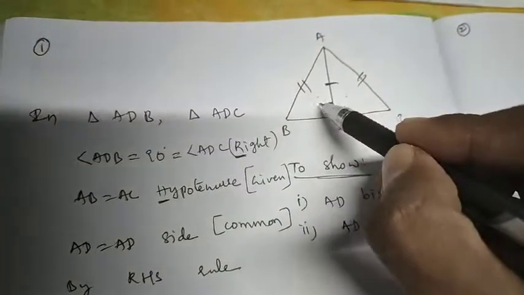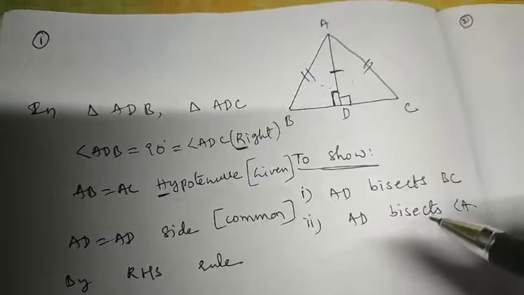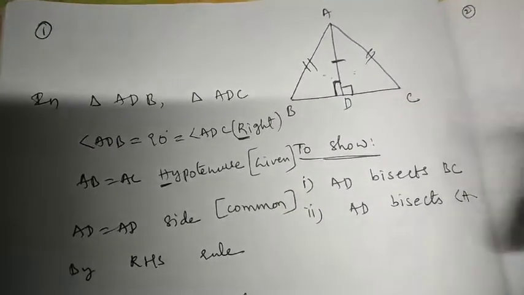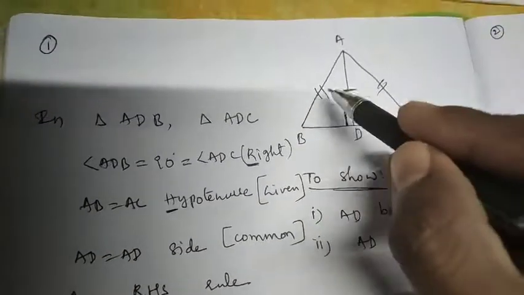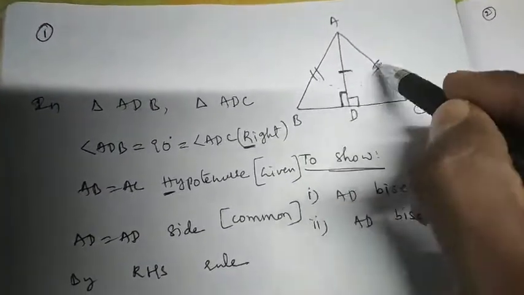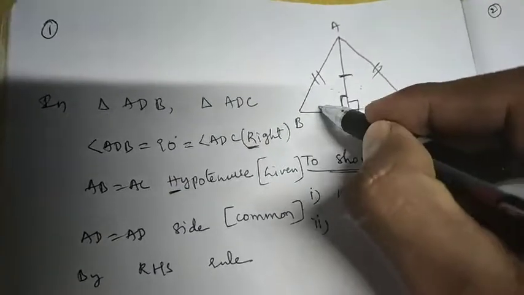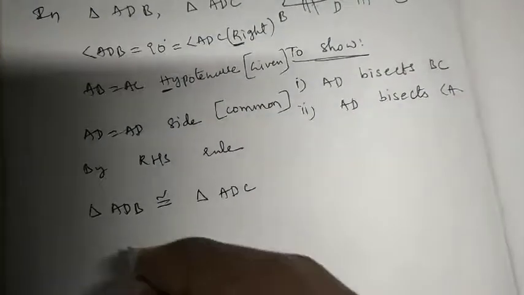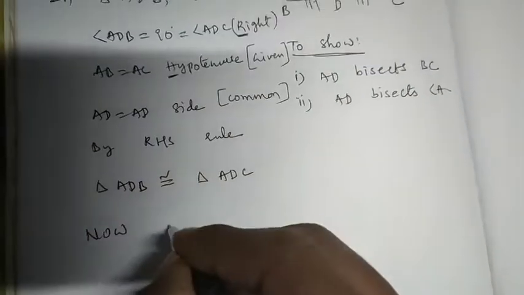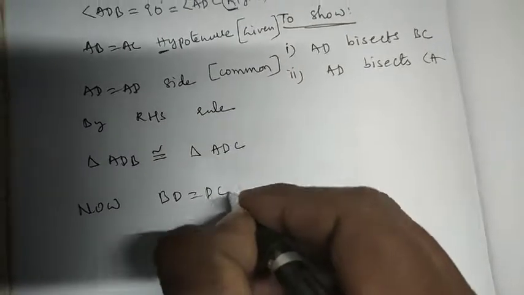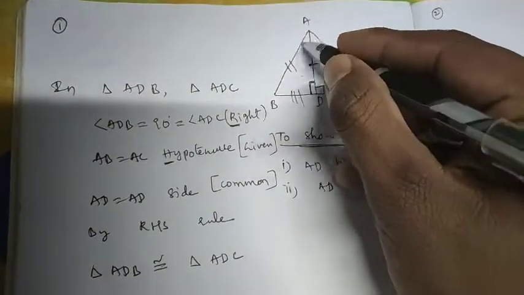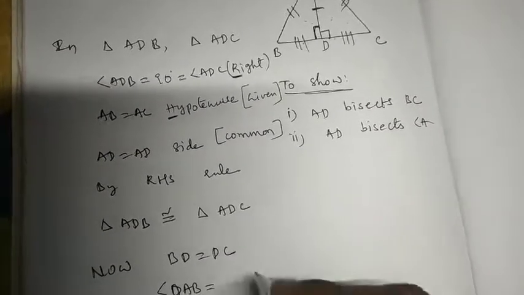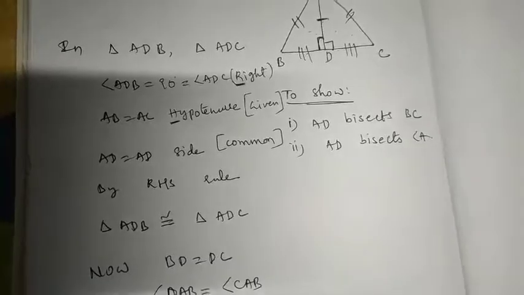After declaring the congruence, what can we say later? We can say that the corresponding uncompared sides and uncompared angles are also equal. For example, I marked side 1 and side 2. So this one I didn't discuss. I can say BD is equal to DC because the two triangles are congruent. So I can write BD is equal to DC, and look at angle DAB is equal to angle CAD.